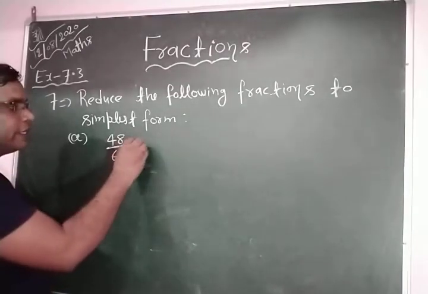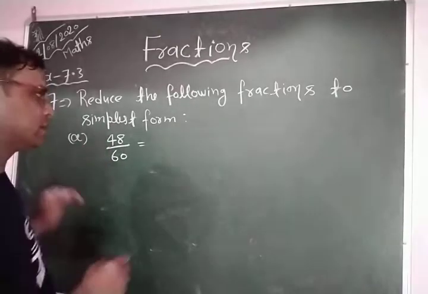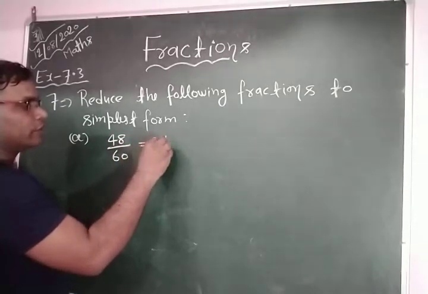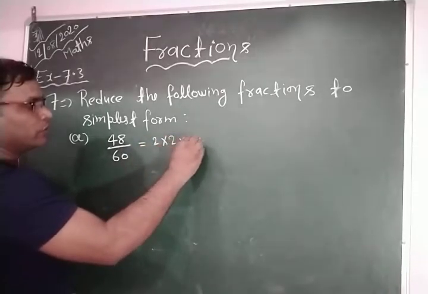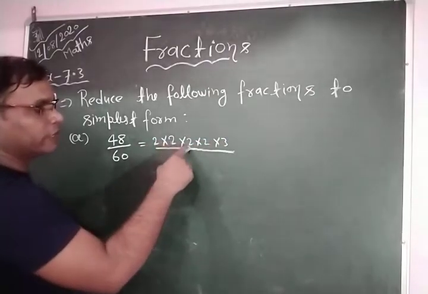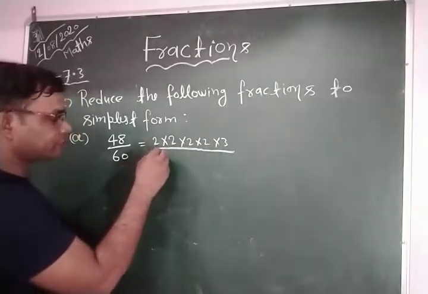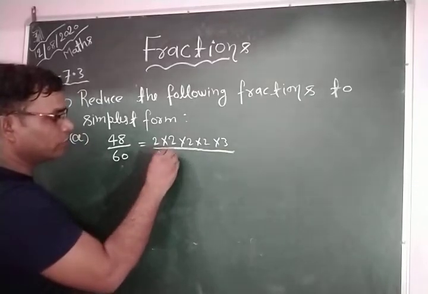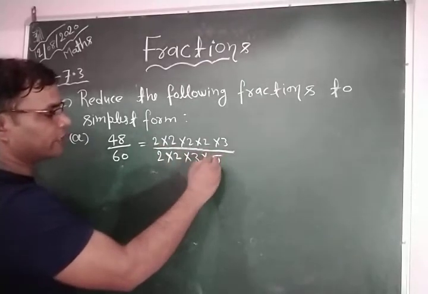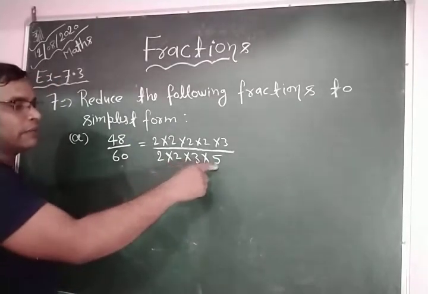We write the numerator and denominator as a product of prime factors. 48 is 2 into 2 into 2 into 2 into 3, and the prime factorization of 60 is 2 into 2 into 3 into 5.